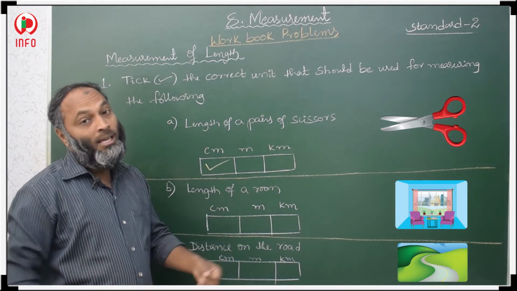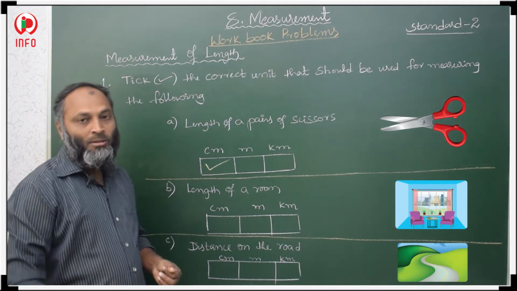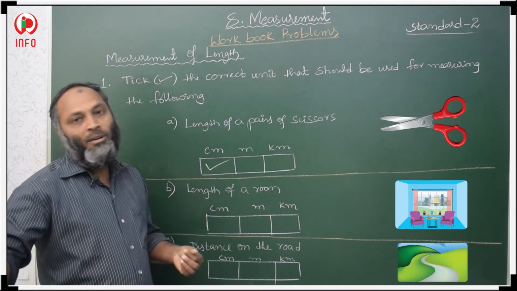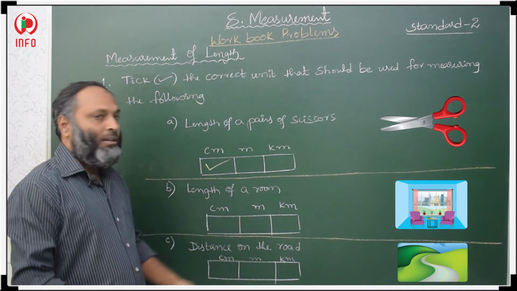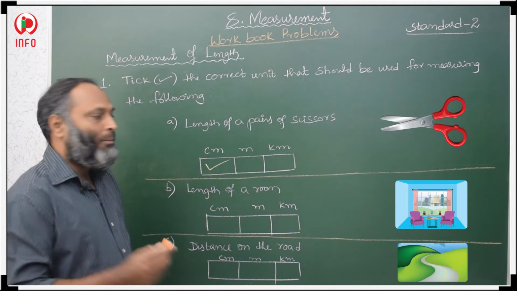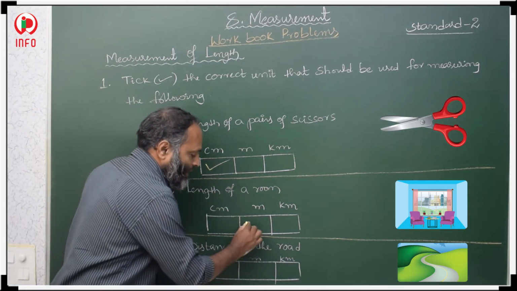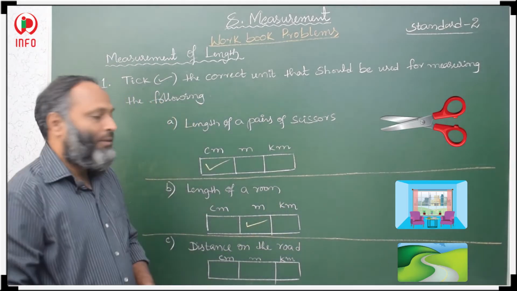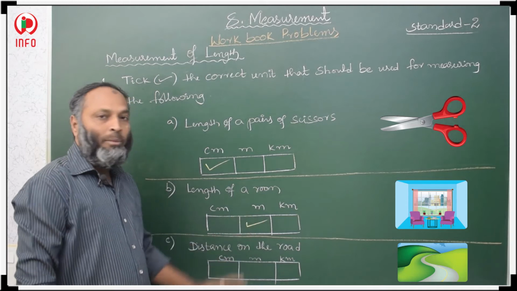Kilometers are bigger units, so we cannot use them. A room is not 1 kilometer, 2 kilometers, 3 kilometers in length. It is impossible in kilometers. So we take a meter scale and measure the length of a room. Meters is the right answer. Length of a scissor in centimeters, length of a room in meters.